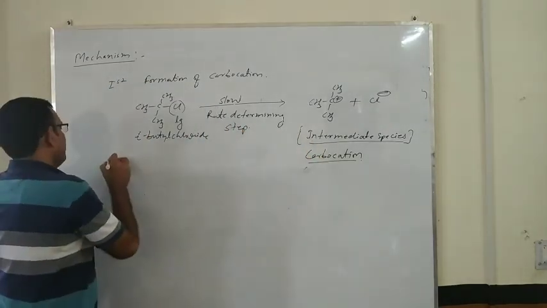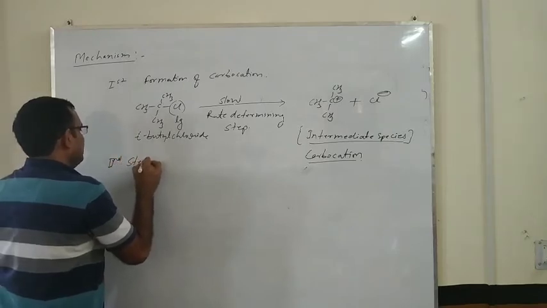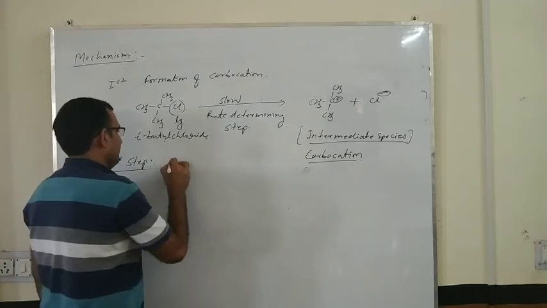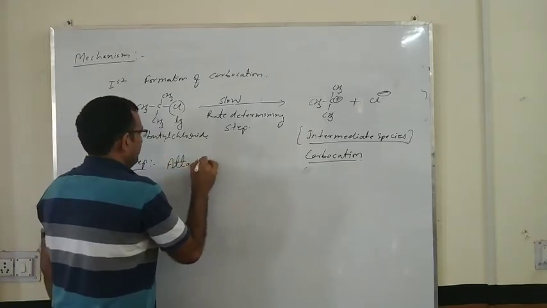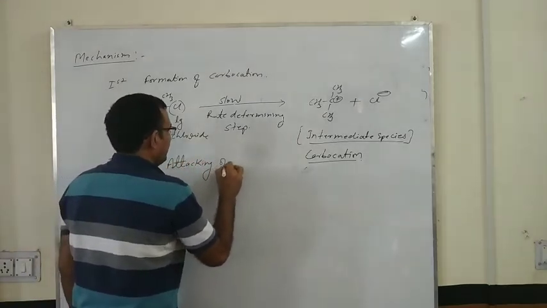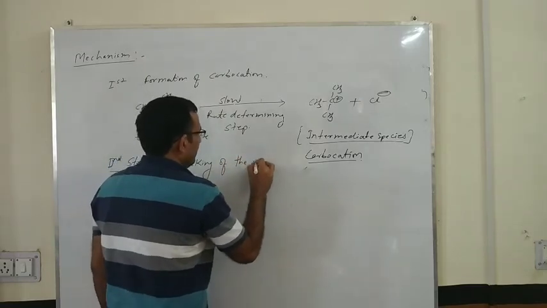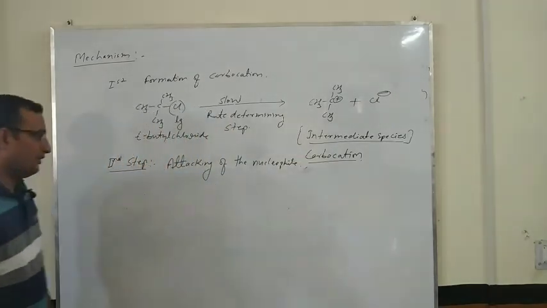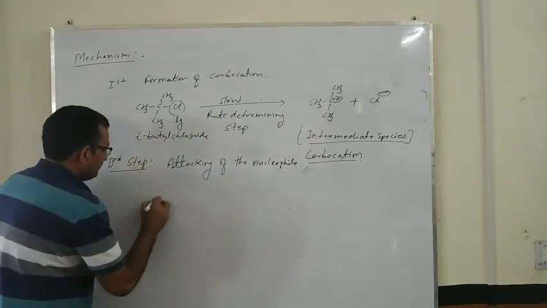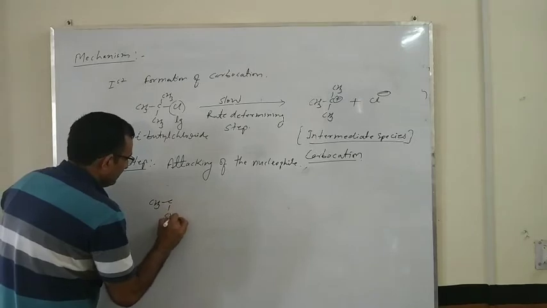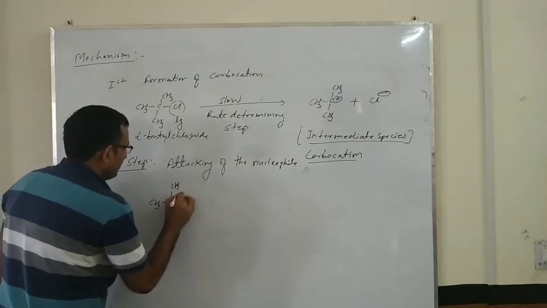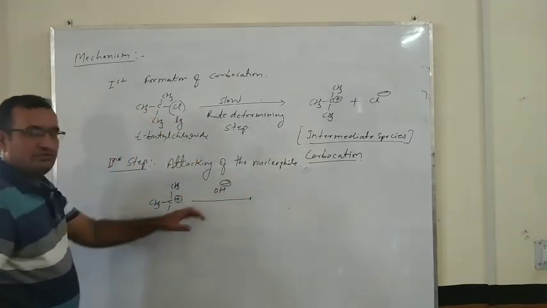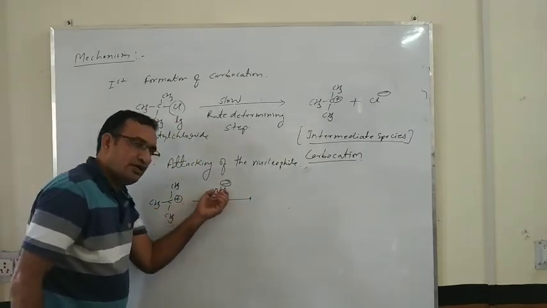Second step, attack of the nucleophile. So carbocation CH3C(CH3)2 plus nucleophile. Assume the nucleophile is OH minus.